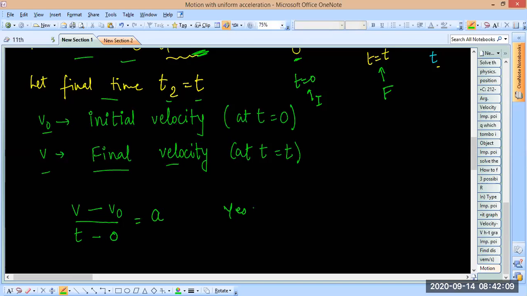Is this step clear? Yes or no? We have only changed the symbols, right? We are still using the same equation that we did earlier, right?